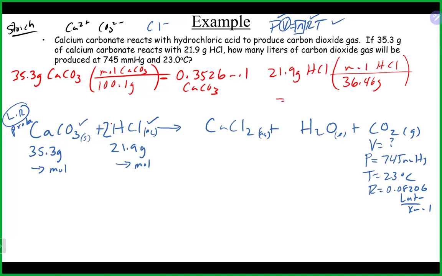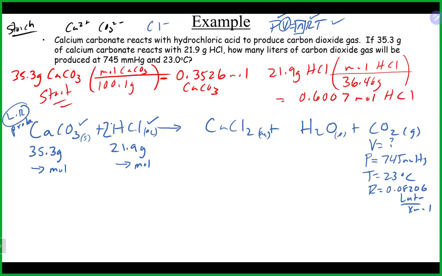So 21.9 divided by 36.46 is going to give us 0.600, and we'll call it 7 moles of HCl. Remember that these are really our starting amounts of each of these guys. So as we talked about, we do need to do a little calculation to figure out how much of one reactant we need to use up the other and see if we have enough to determine if it's a limiting reagent or not.